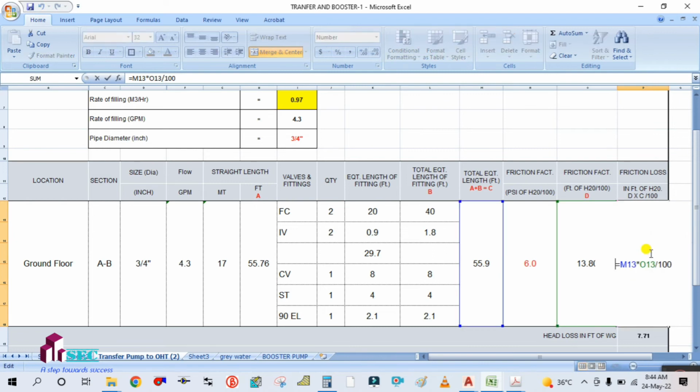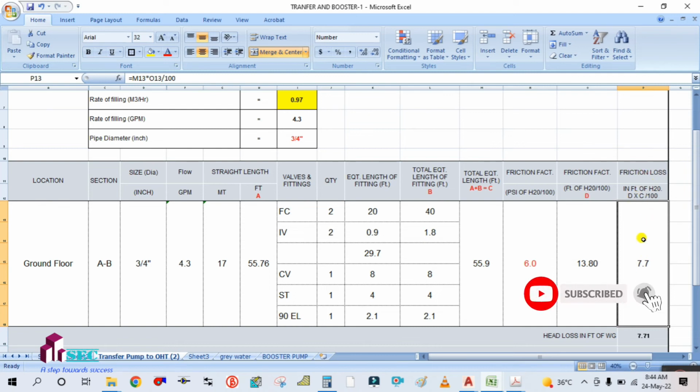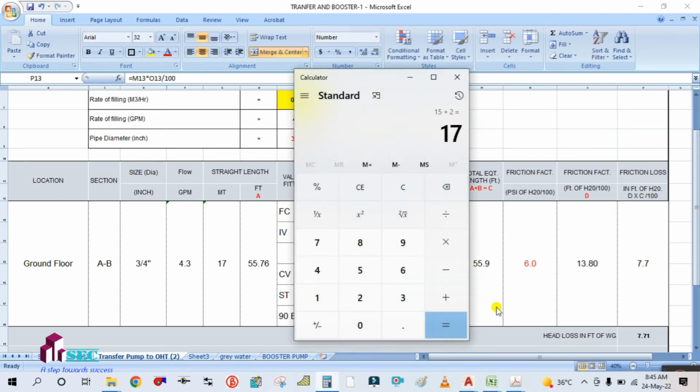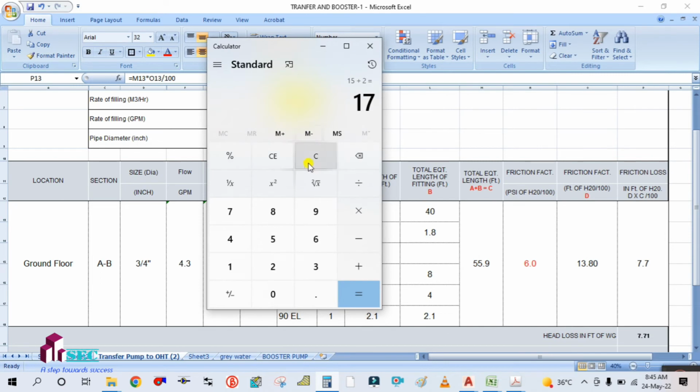This formula is already applied, so this is in feet. Friction factor in feet of water for 100 feet. So for 55 feet, what will be the friction factor? 55.9 into 13.8, and divided by 100.